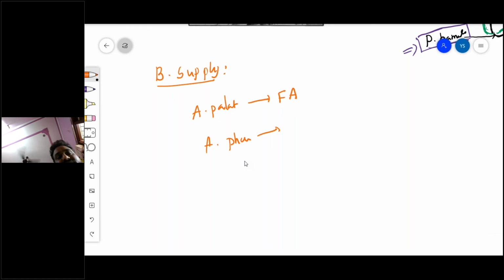Pharyngeal branch of external carotid artery. Then greater palatine, branch of maxillary artery. So these are the arteries supplying the soft palate. In case of the palatine tonsil, we add one more artery: the dorsal lingual branch of the lingual artery.